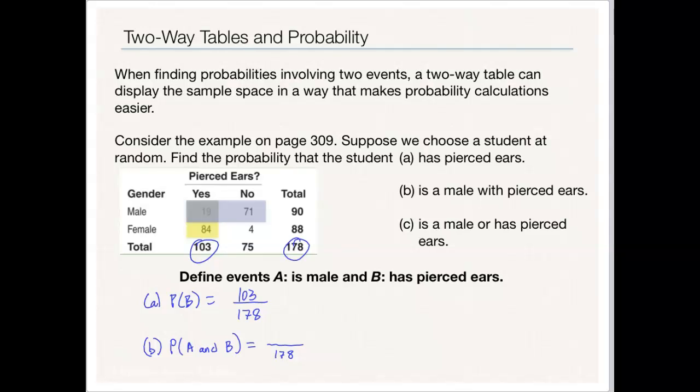But now we're narrowed down within our table. So we want them to be both male and have pierced ears. So that's going to be the overlap of the male row and the yes pierced ears column, right? And so you can see that here, male and pierced ears. So there's only 19 of those. That's just 19 out of the 178.